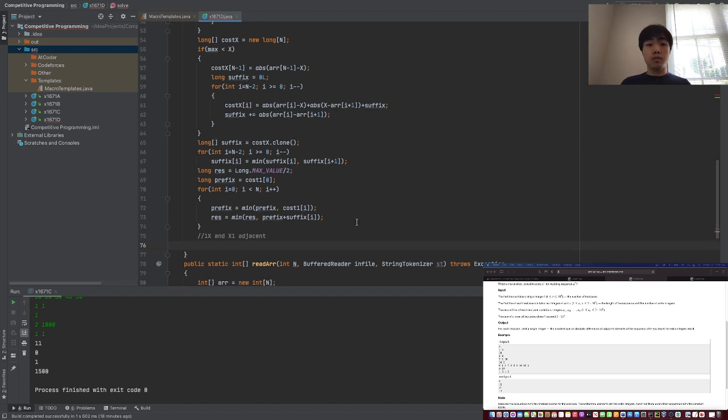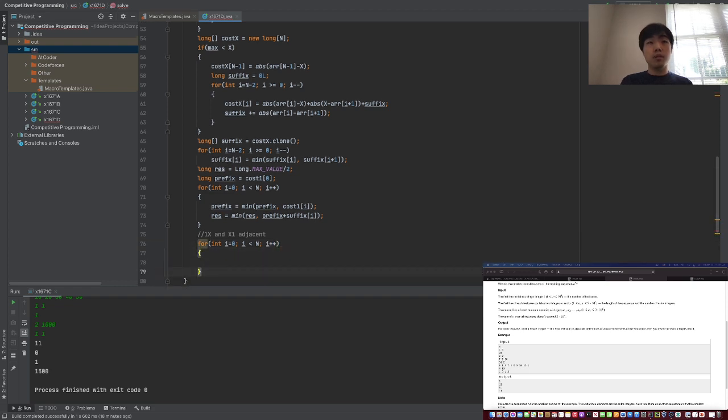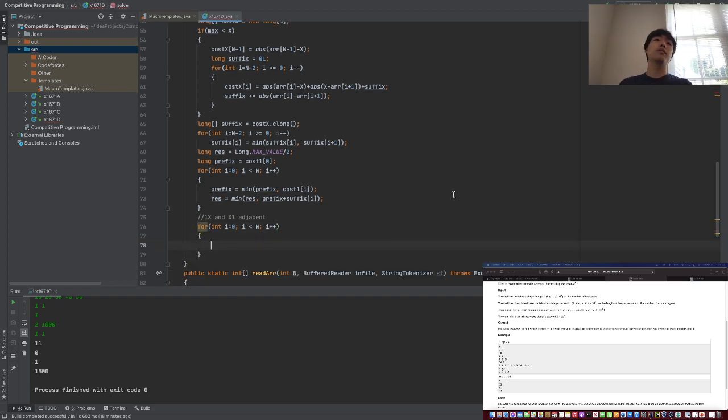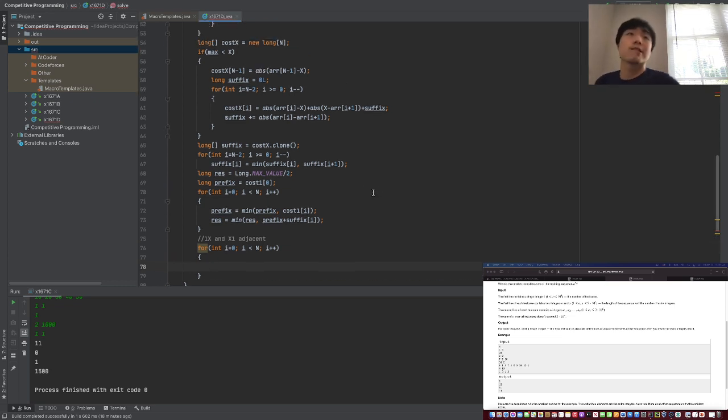And then in that case, we can just do for I equal to 0, I is less than n, I plus plus. We just find where exactly they become adjacent, because if we assume that 1x is always an order that we maintain, then in this case we can just do 1x adjacent.